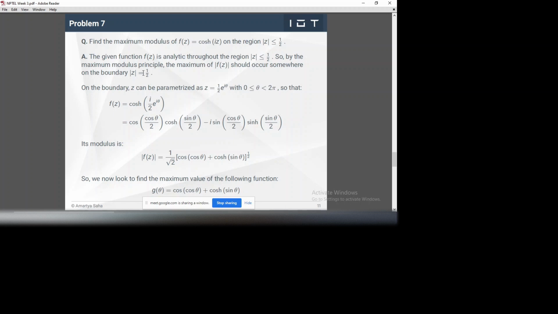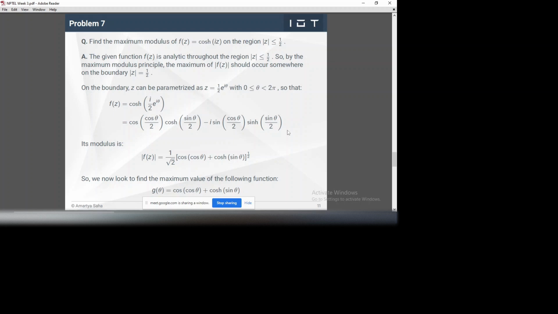On this circle mod z equal to half, z can be parameterized as z equal to half e to the power i theta. This is the polar form of complex numbers, and theta runs from 0 to 2 pi. Now just substitute half e to the power i theta in place of z, and you will get all these terms.